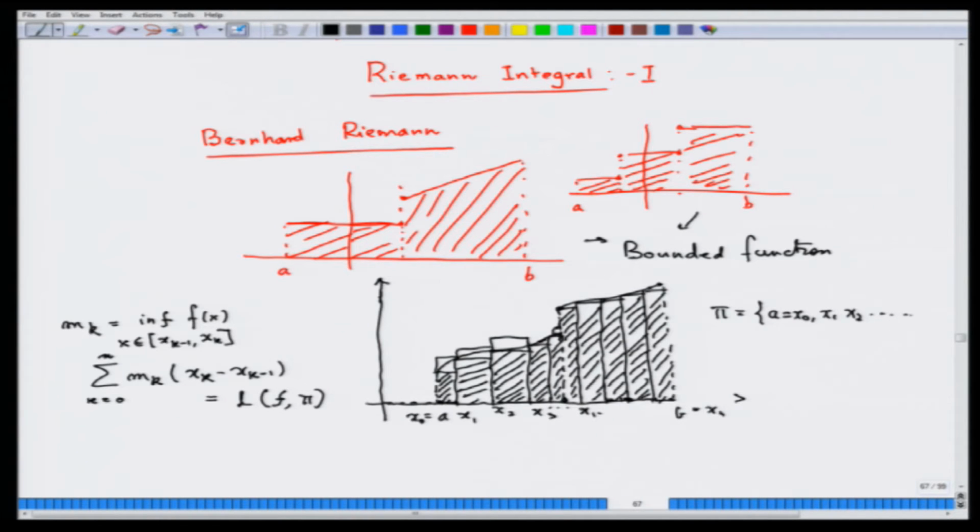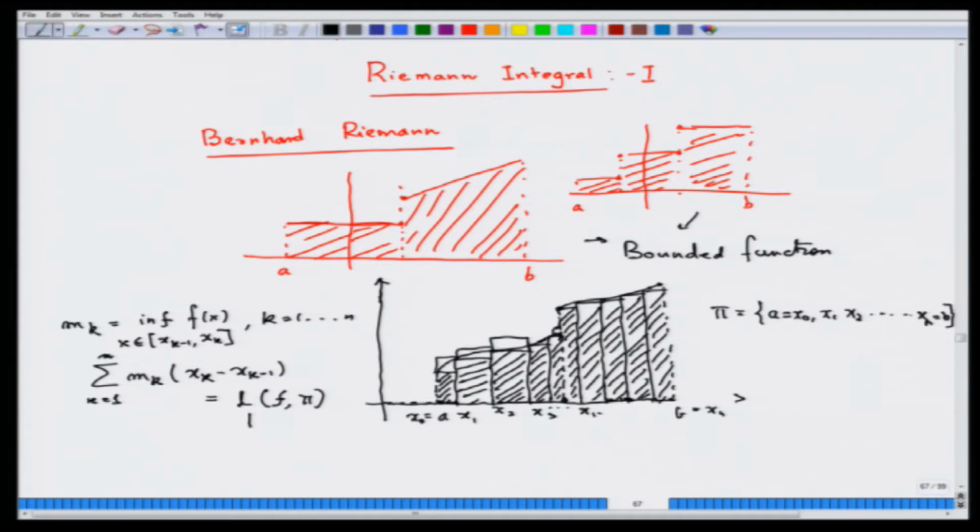So, there are n plus 1 points, and n intervals actually. So, I should start from k equal to 1, which will give you x 1 minus x 0 and m 1. So k goes from 1 to n. If you take k equal to 1, it is the infimum when x is in between x 0 and x 1.